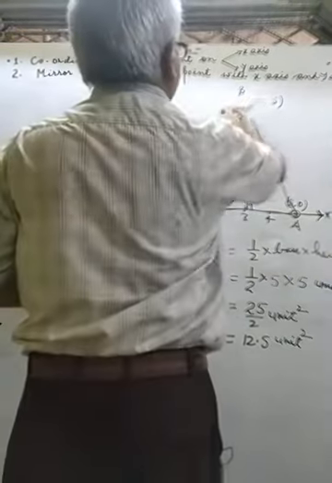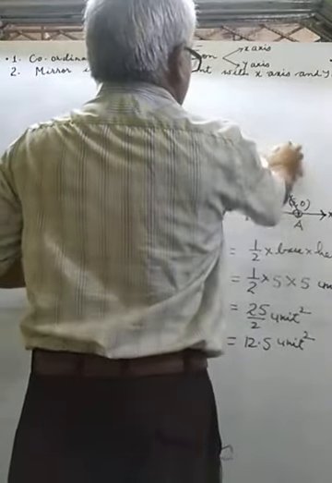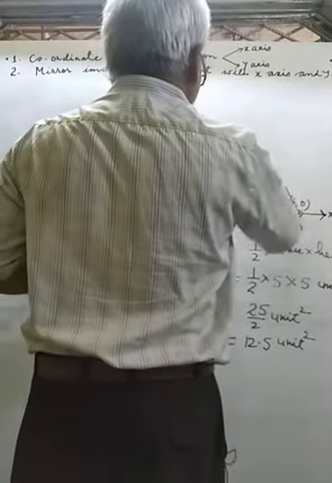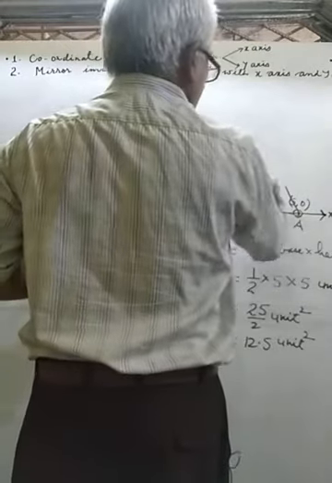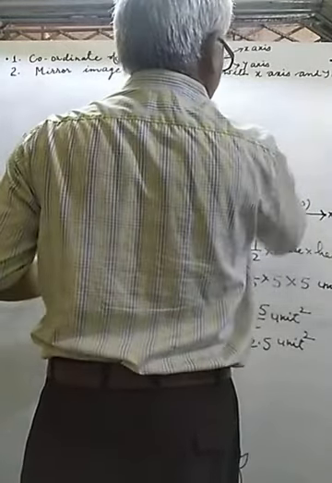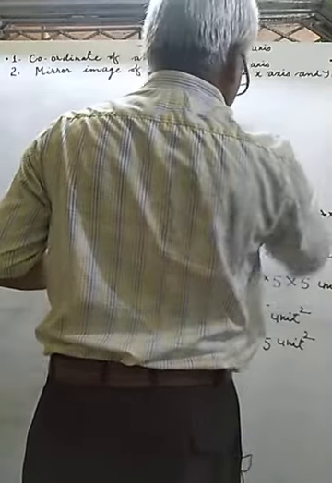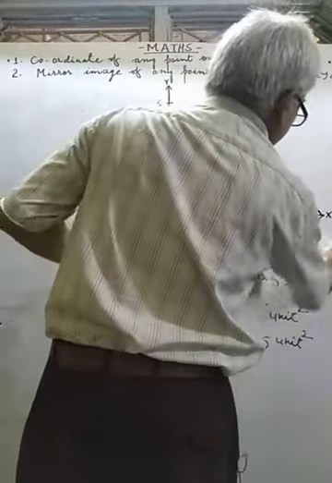Suppose 4 points are there, and we have to find out the area of that particular quadrilateral. So how to find out? Let us discuss.